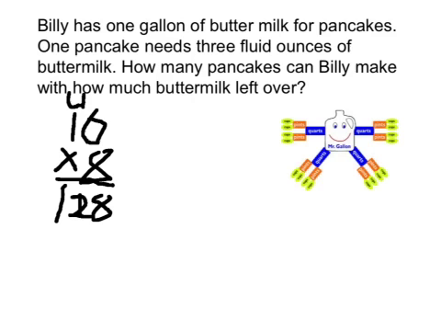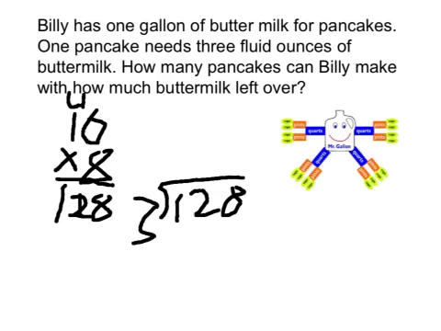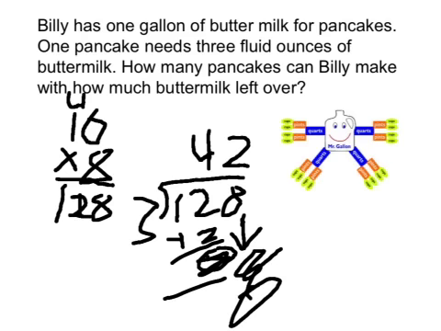Now that we know that, we will need to divide 128 by 3, because that is how many fluid ounces is required for 1 pancake. Okay, I'll speed up this part so it doesn't take too much time. 128 divided by 3 does not actually work together.